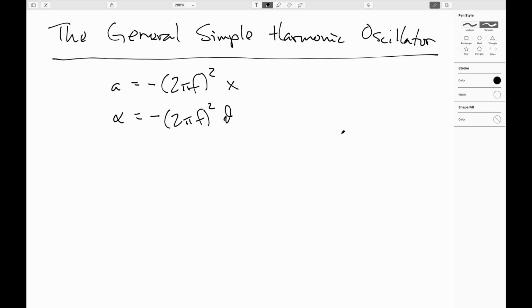So we will be doing a bunch of examples of that in a lot of different situations. The first of these I want to take a look at is the vertical oscillator.